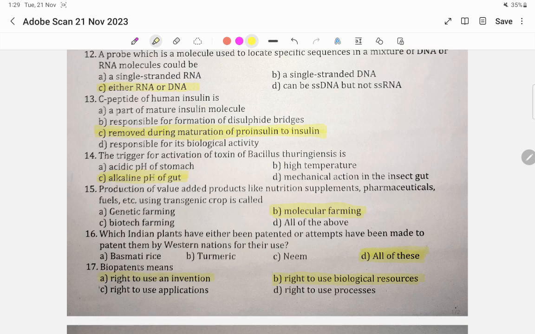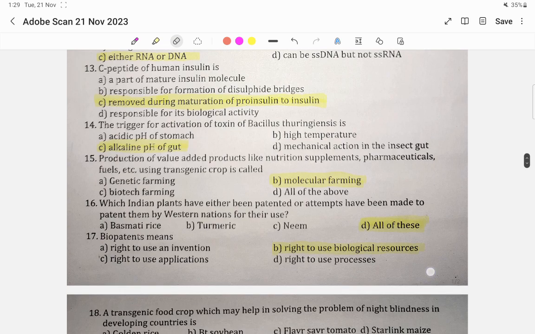So that would be the appropriate answer. So we can avoid this right to use an invention. I feel that right to use modified biological resources would be better, then there wouldn't have been an ambiguity in the question. Anyway, in the final exams, they would be giving the appropriate answer.